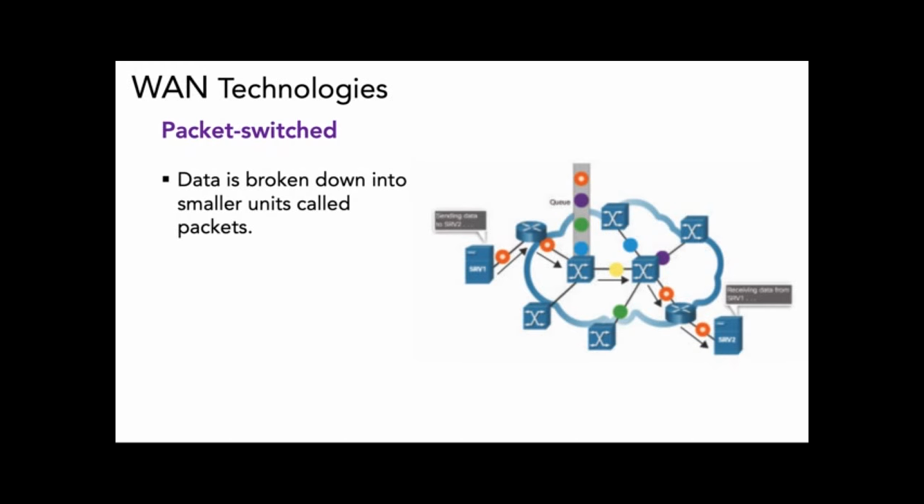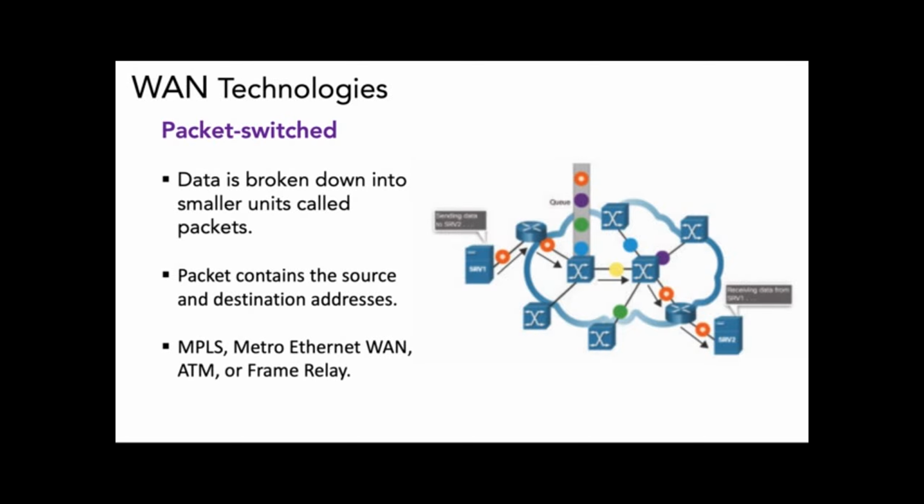These smaller units are called packets, and these packets are transmitted over the network to carry the data. So each packet contains the source and the destination address, along with other information required for routing from point A to point B. And examples of this network are MPLS, Metro Ethernet, WAN, ATM, or frame relay.